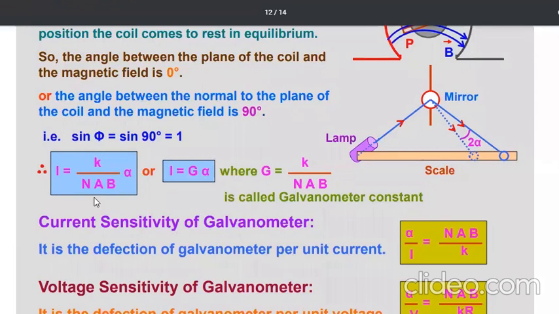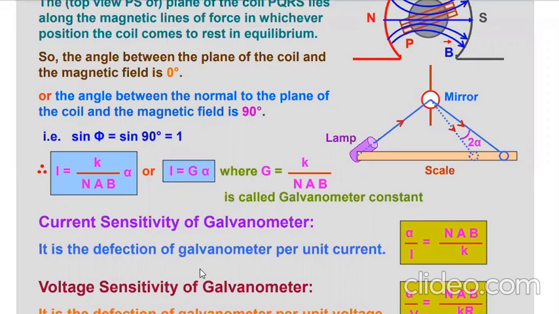Now, so far we have learned this one. Now we have to learn the current sensitivity of the galvanometer. What is current sensitivity? So basically, current sensitivity of a galvanometer is defined as the deflection produced in the pointer of the galvanometer per unit current.